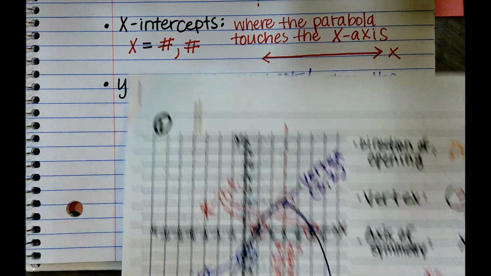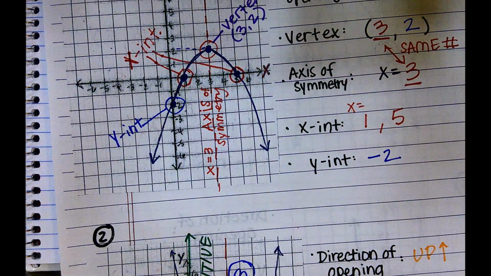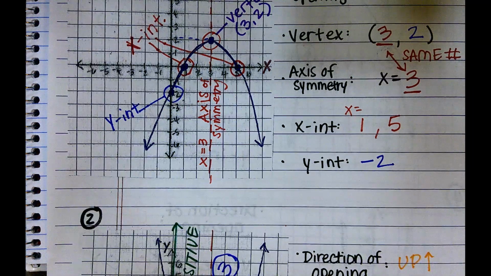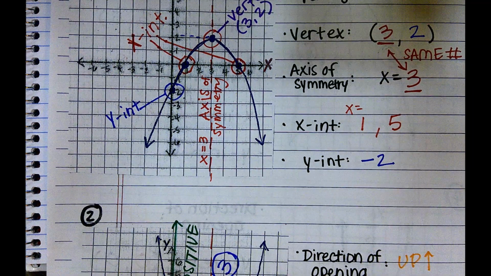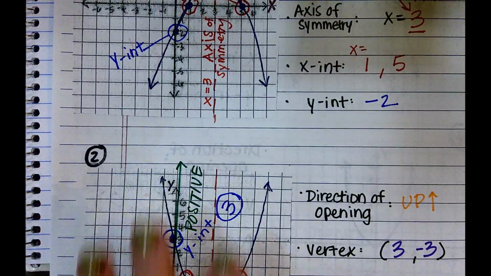I am going to work on making you some more of these for practice, because there's nothing good online where you can actually see the graphs very well. Today your exit ticket is going to be one of these.